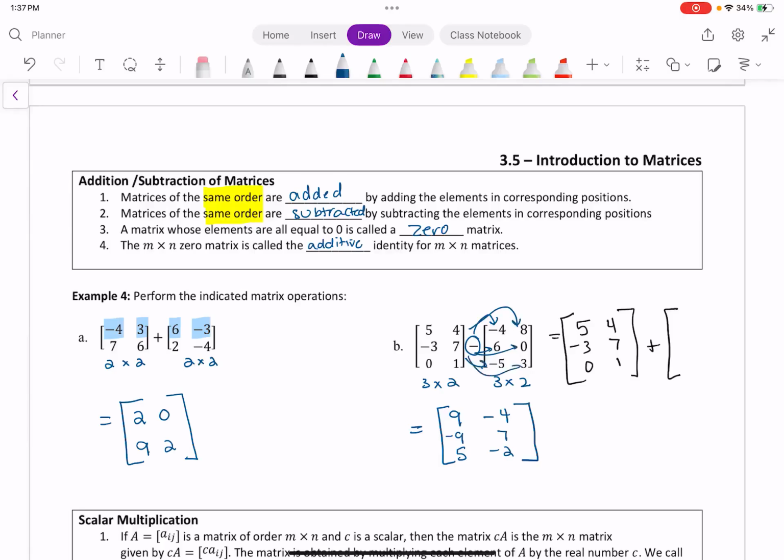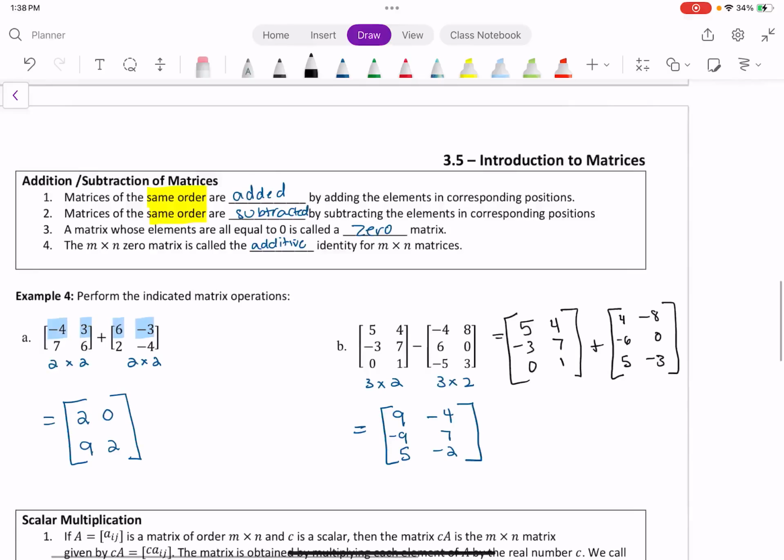And you're going to see that in the next section with scalar multiplication, and avoid a potential mistake. So I have positive 4, -8, -6, 0, positive 5, and -3. And so your answer should be exactly the same as we just discussed, but I feel that it makes it just a little bit simpler. 5 plus 4 gives us that 9. 4 plus -8 gives us that -4, and so forth.